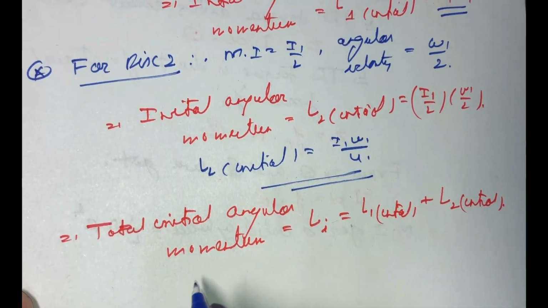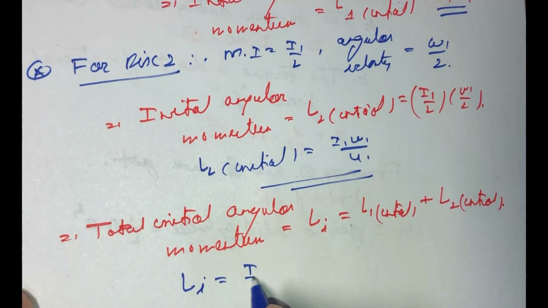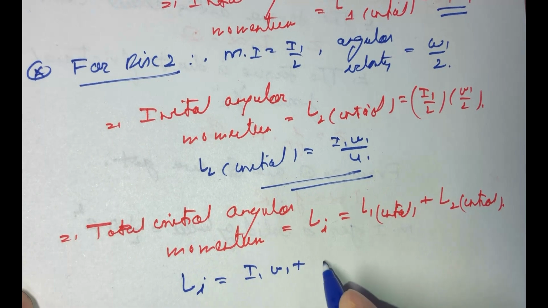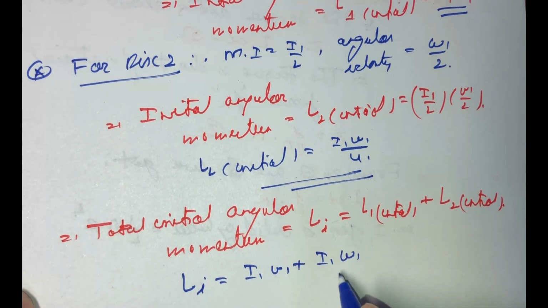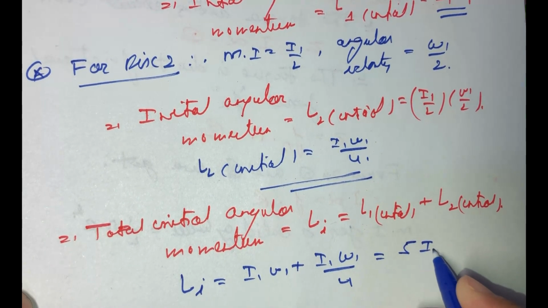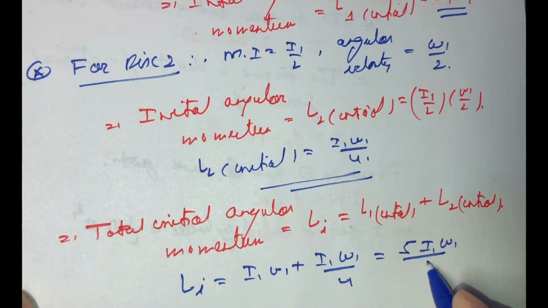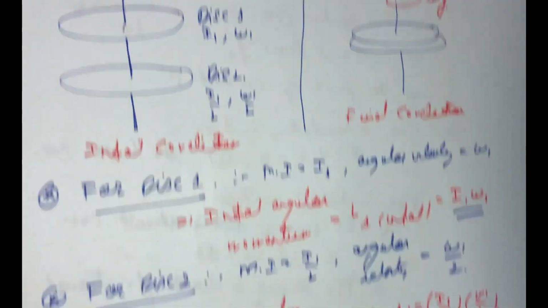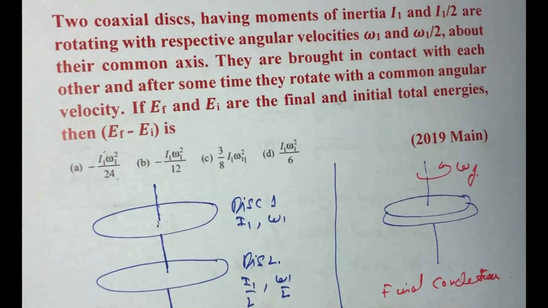So we get Li is equal to I1 omega 1 plus I1 omega 1 divided by 4. This will be equal to 5 I1 omega 1 divided by 4. So we get the initial angular momentum.